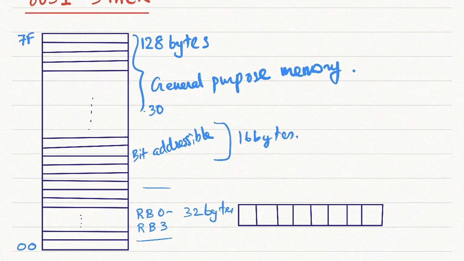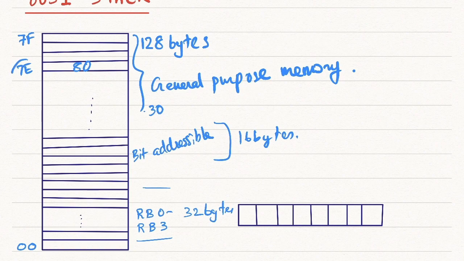This kind of information could be data or an address. When I say data, suppose our data is residing in some memory location, maybe 7E, with some value like 80 inside it.